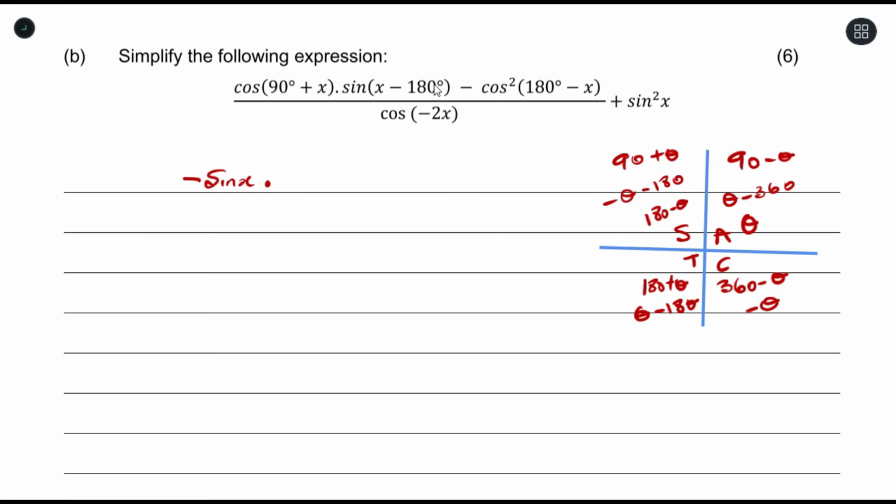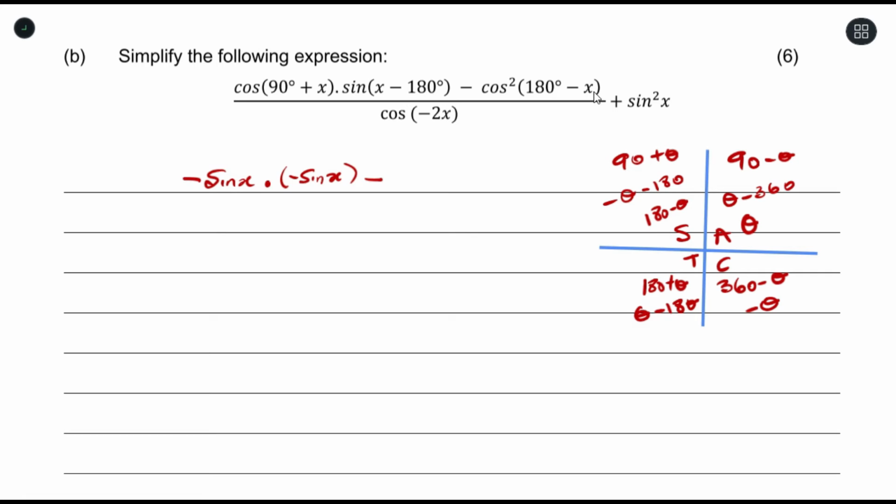Now we have x minus 180, which is part of the negative quadrant here, which is theta minus 180. It is negative for this, so since it is sine, and sine is negative in the third quadrant, this can be written as negative sine x. We have minus.